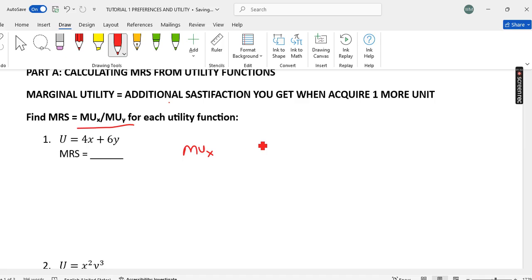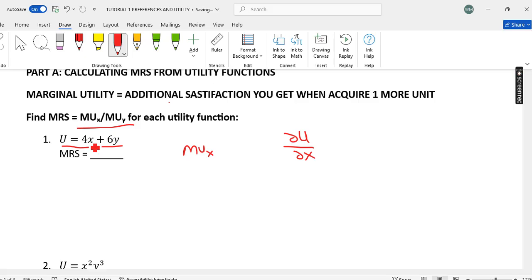Because here we are partially deriving our utility function with respect to x. This is how you write it mathematically, like this first. Partially deriving this utility function with respect to x.